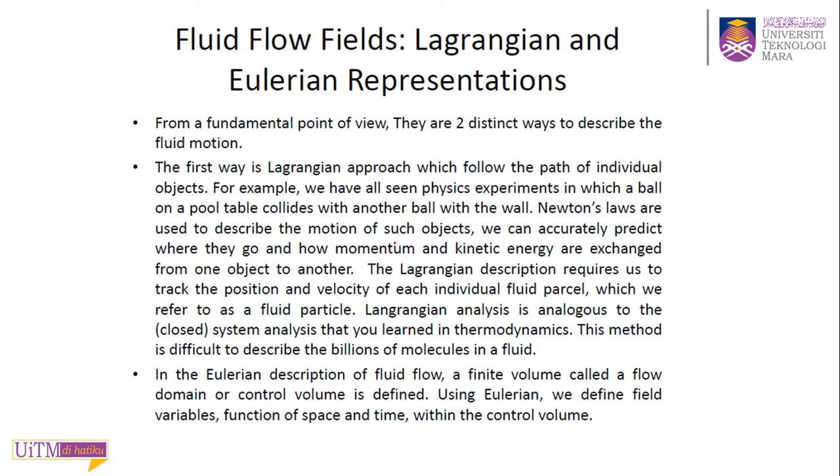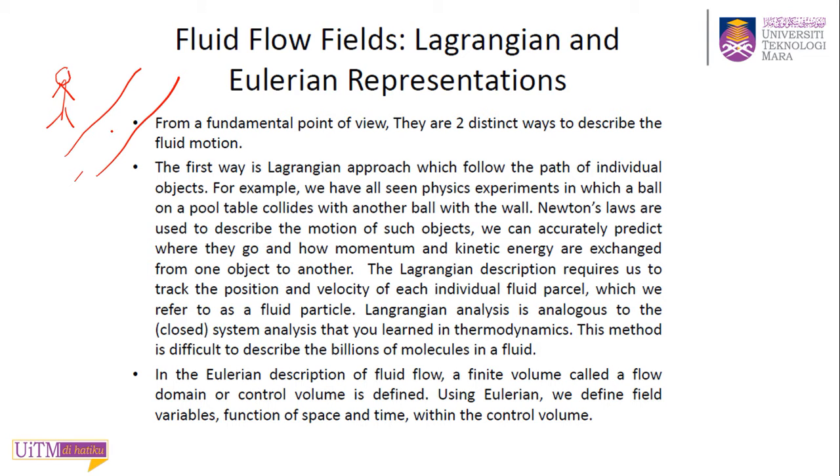So what is the difference between Lagrangian and Eulerian? To understand it, you need to know the fundamentals, but let's do it in the simplest way. Let's say this is you, whoever he is, and he is sitting beside a river.